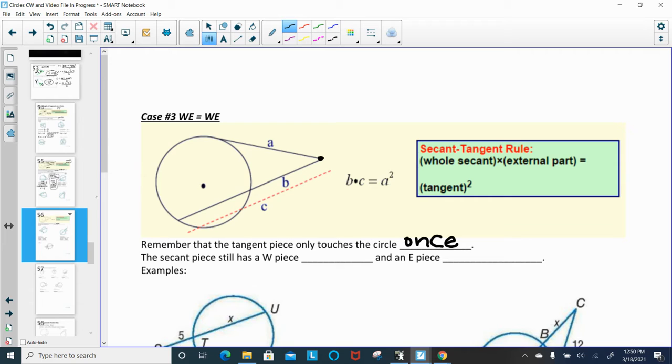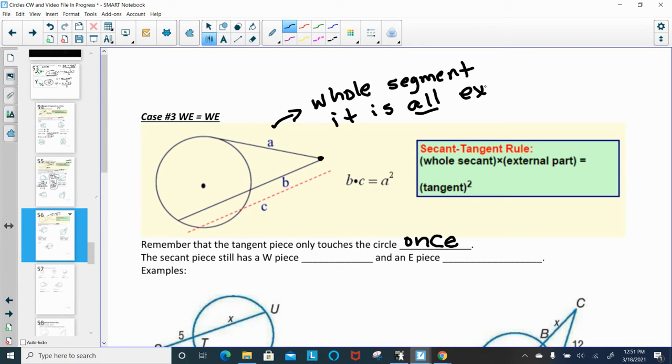So its whole length is the exterior. And that might not make sense, but this is the whole segment, and it is all exterior.